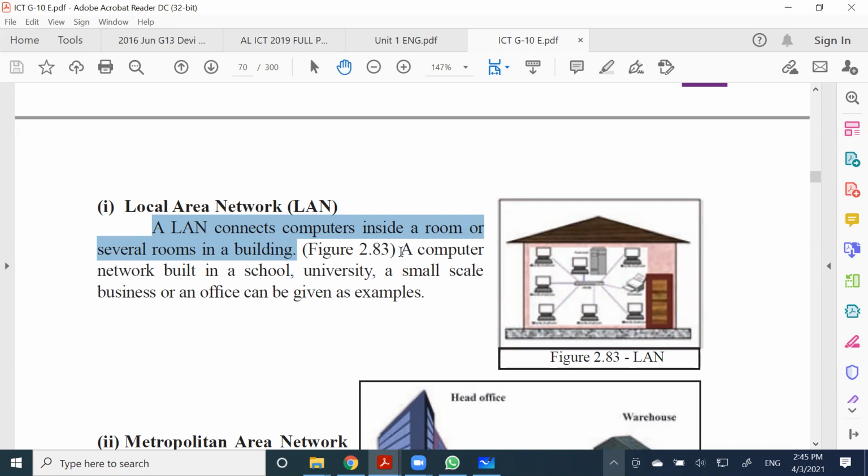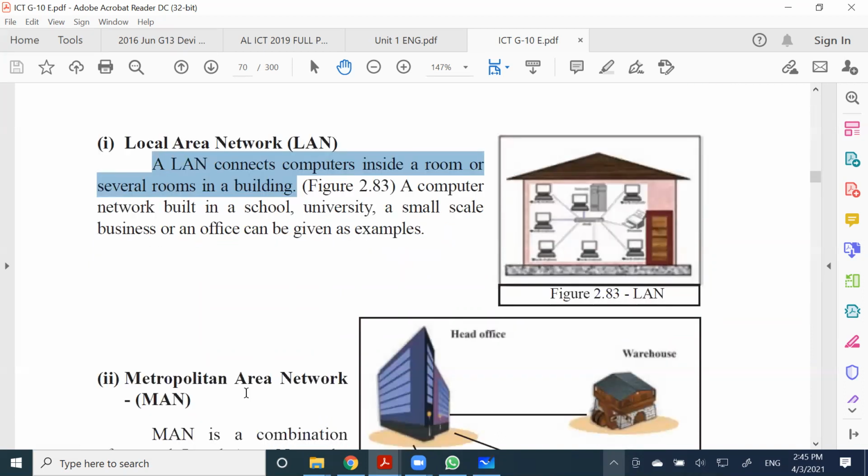And list down the examples. So the second line as the examples.